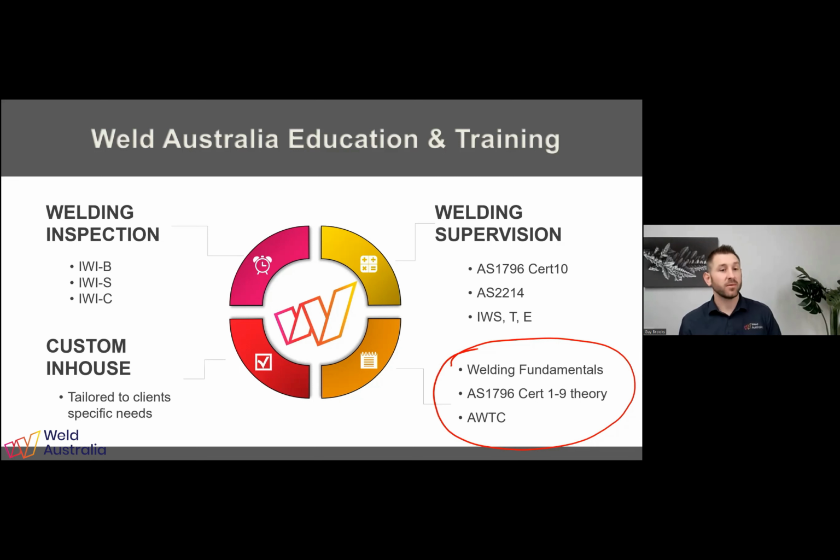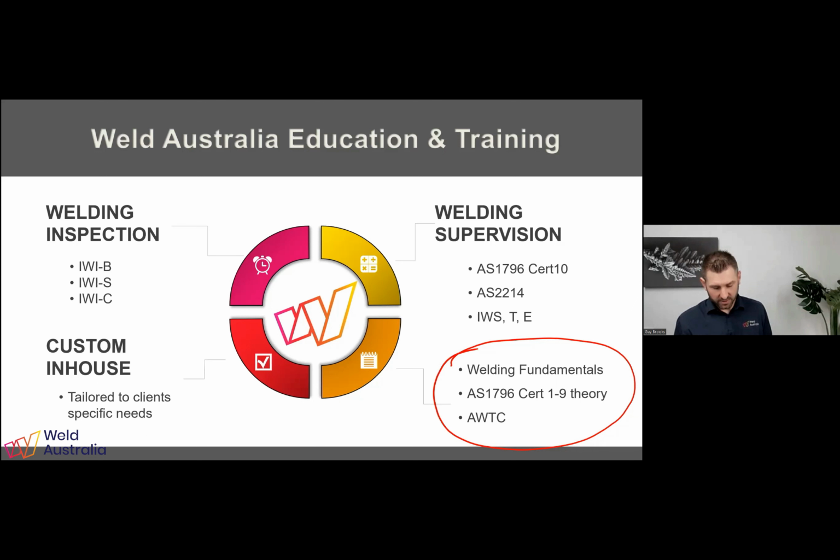Some people working in QA/QC are inspecting inspection test plans, ITPs, and they don't know anything about welding at all. So it's a good all-round general course that you can put a few staff through, which will give them a better understanding of the welding industry.